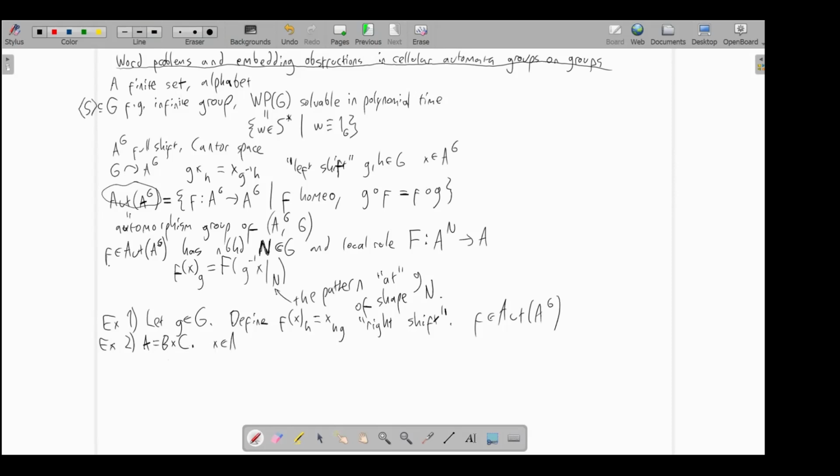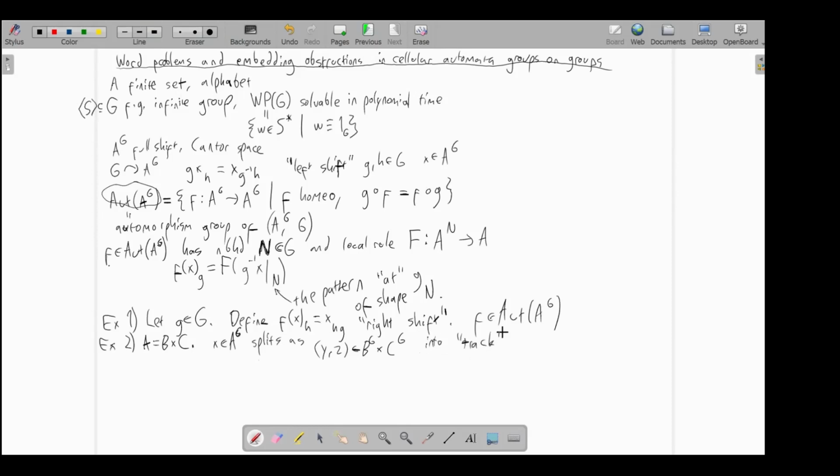Then if you have an element of A to the G, recall that I'm thinking of this as a configuration of symbols from A on the nodes of G, in terms of its Cayley graph, where the nodes are elements of G, and then you have edges between G and GS for all of the elements of S. So you can naturally think of an element of A to the G as YZ in B to the G times C to the G. And I often call these tracks.